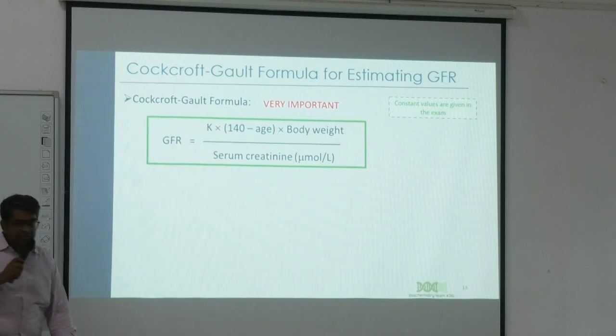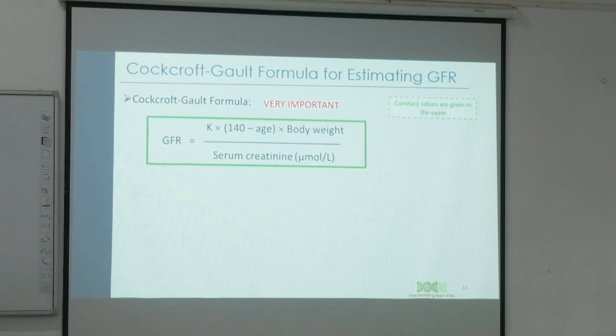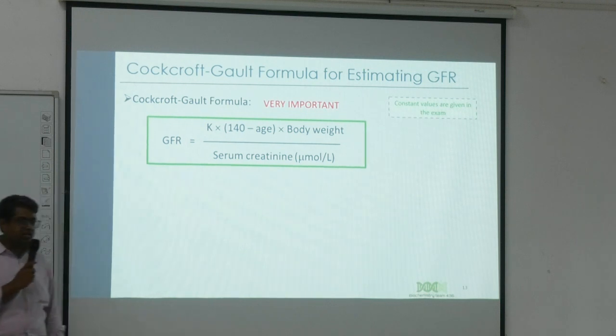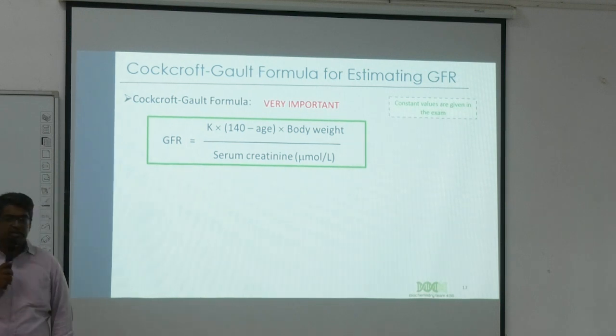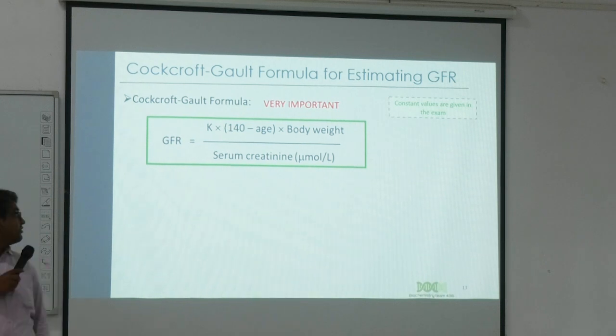Okay. GFR is K, that is a constant. We find K values. Okay. And in the Cockcroft formula, it is 140 minus age into body weight divided by serum creatinine. This is your Cockcroft formula.